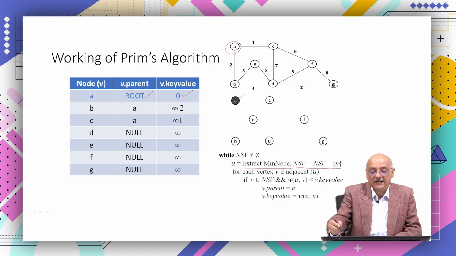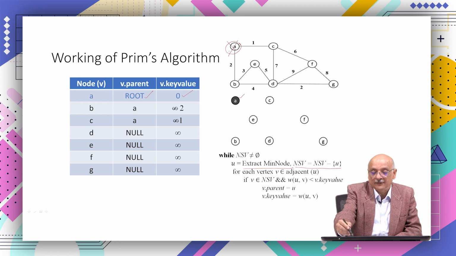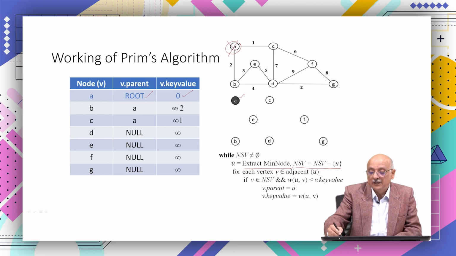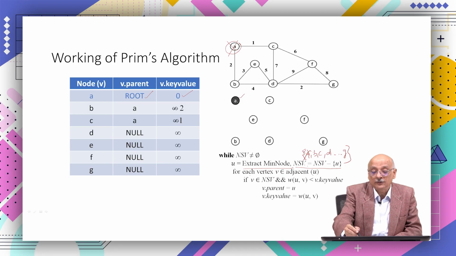Now A is removed from the set NSV, not from the graph, and NSV consisted of A, B, C, D till G. So A will be removed from this set, and we consider each vertex V adjacent to U. Let us look into which nodes are adjacent to A. You can check that very easily in the adjacency matrix.